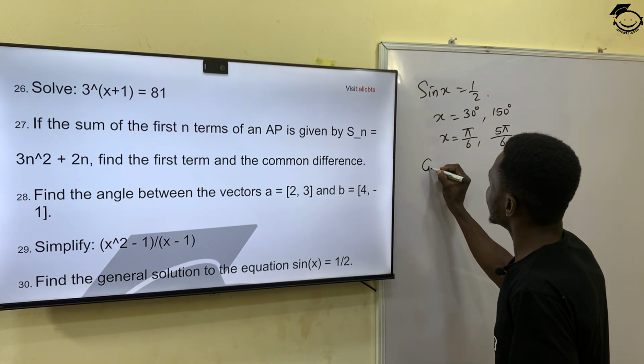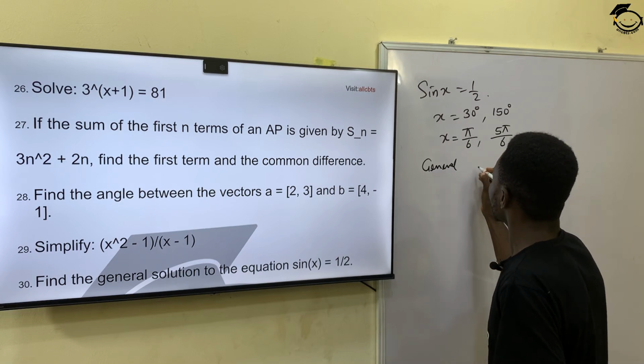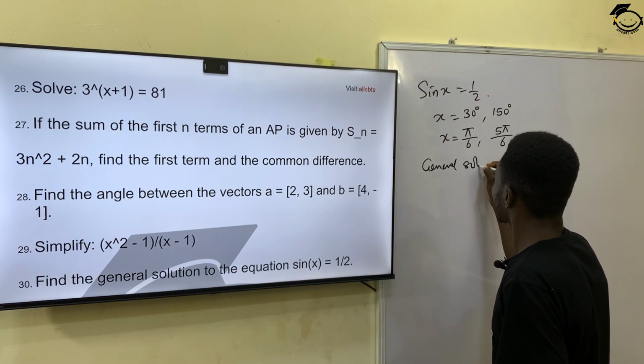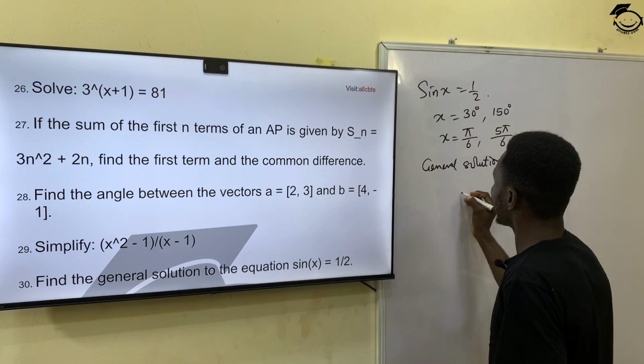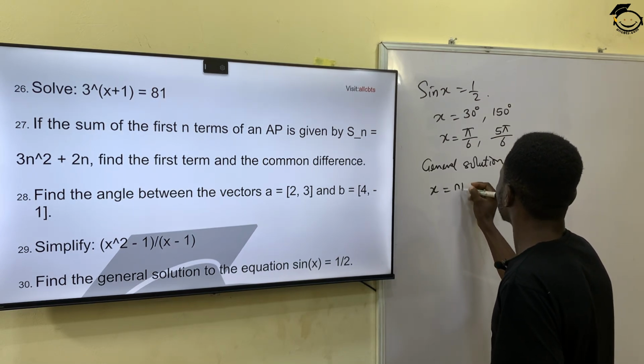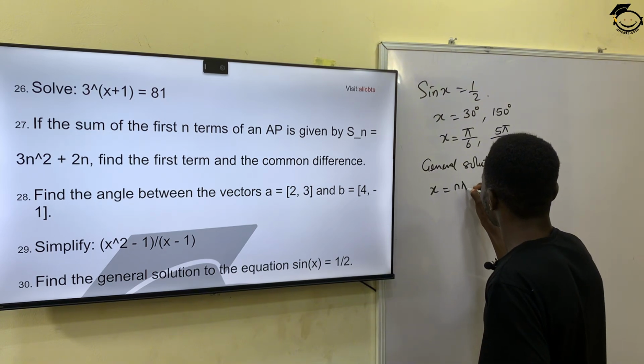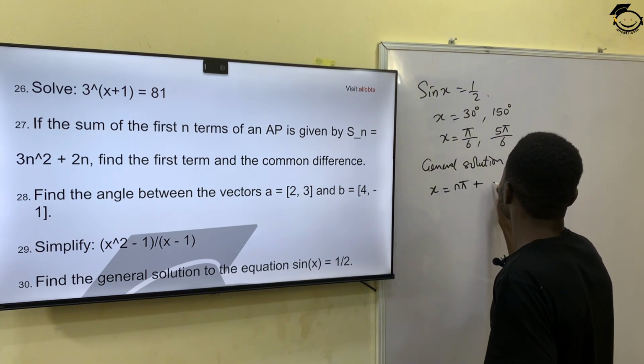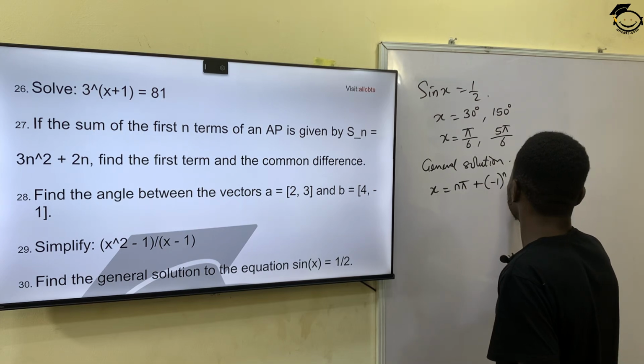So these are the forms in which you can have your x to be equal to 1 over 2. So the general solution, therefore, is simply saying that my x is equal to n pi plus minus 1 raised to power n times pi over 6.